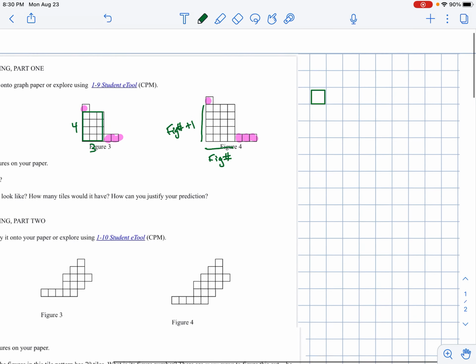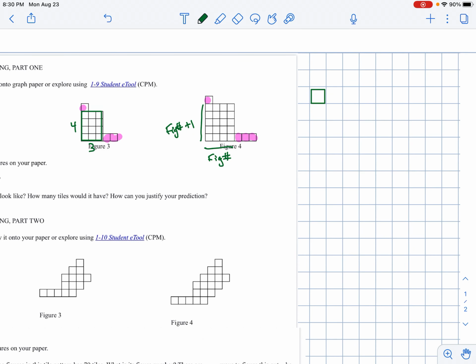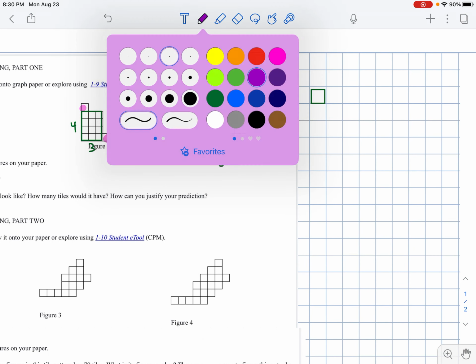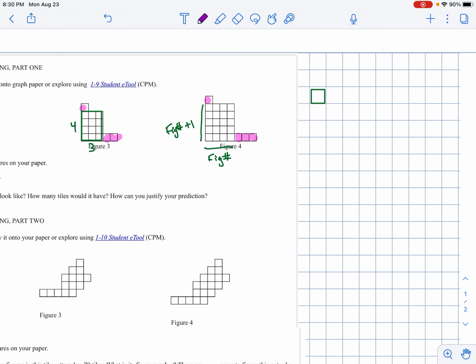So if I'm looking at figure 5 over here, that means my rectangle will have a height of 6. So 1, 2, 3, 4, 5, 6. Okay, and then the base will be the figure number, so 5. There, so this is what the rectangle will look like here.